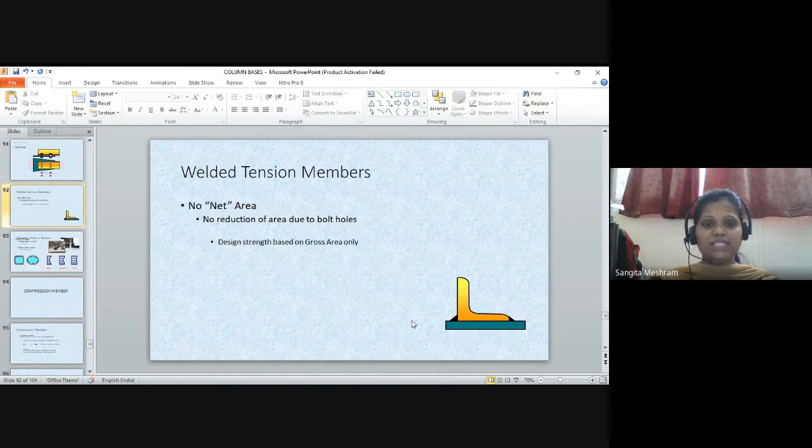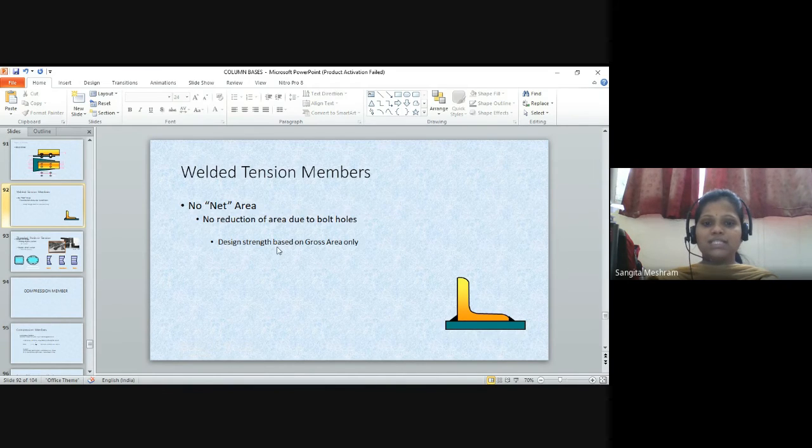Then welded tension member: no net area, no reduction of area due to bolt holes. If the tension members are connected with the help of welding, then in that case the net area and gross area will be the same. We don't have to deduct any parameter because this is a welded tension member.